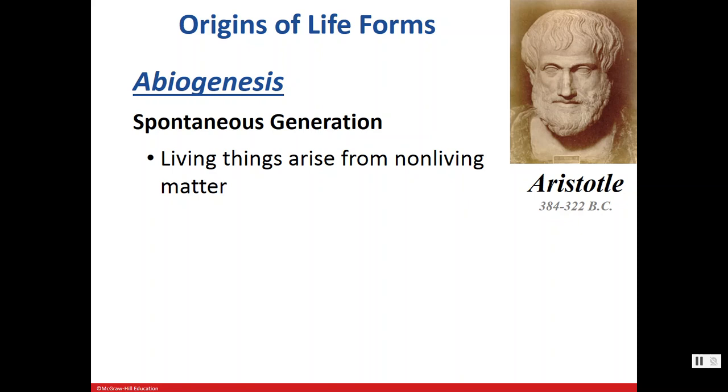starting back in the 300s BCE, Aristotle proposed this idea of spontaneous generation, or abiogenesis, where basically our understanding at the time, before we understood that there were microorganisms, they literally believed that living things just popped up out of nowhere. And of course, they were referring to things like the maggots that grew on meat that had been left out.